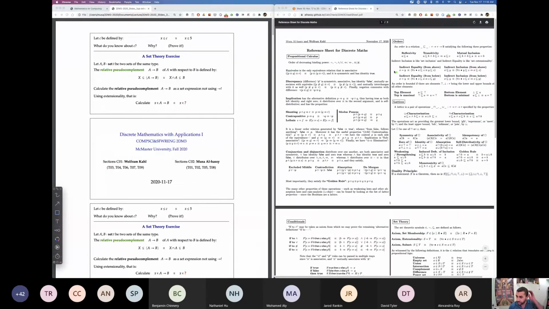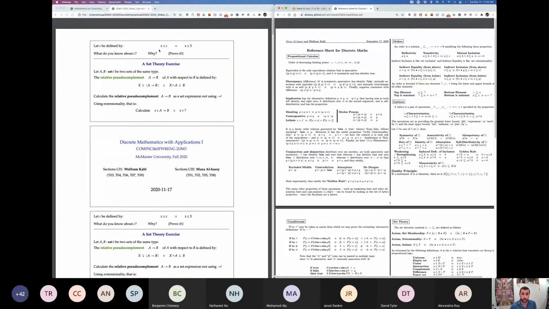As mentioned repeatedly, we have these indirect reasoning rules: indirect equality from above and from below, indirect inclusion from above and from below. Hopefully you're very familiar with these. If we're only given that for any x, x is at most c precisely when x is at most 5, then by indirect equality we know that c is equal to 5.